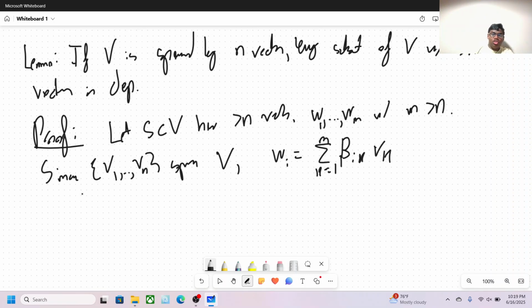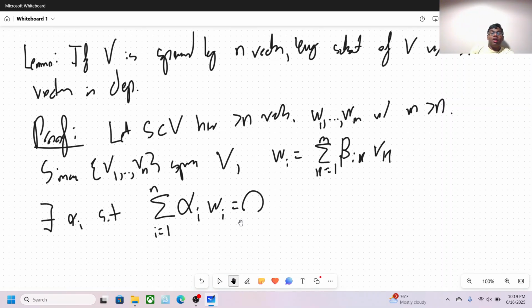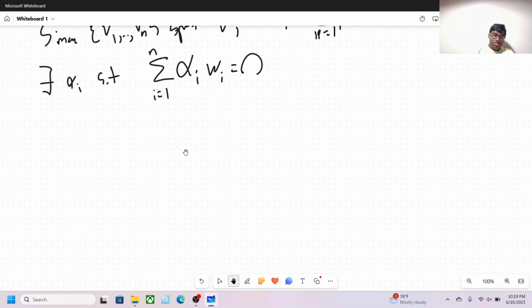And to think about independence, we need to think about linear combinations of the wi. So we need to think about alpha i such that the sum over i equals 1 to m of alpha i wi equals 0. And we want to show that there exist some non-trivial alpha i to show dependence. So how do we do that?